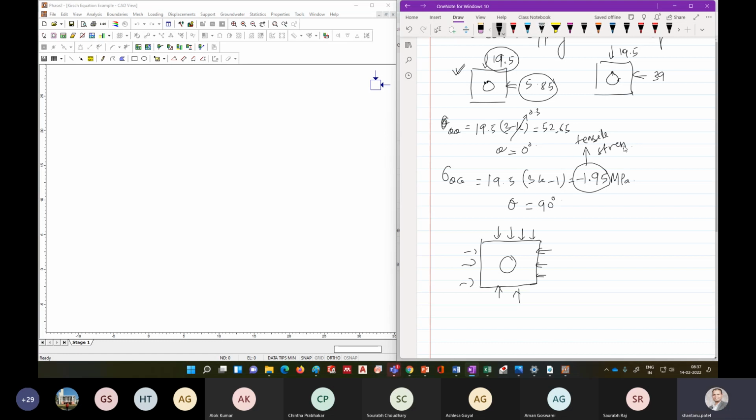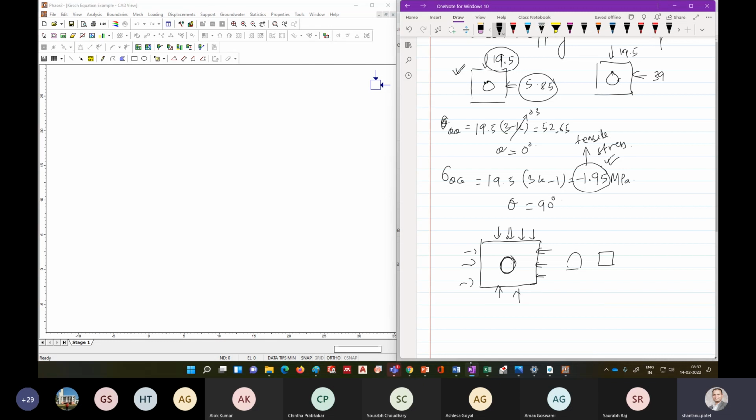Okay, so this is why, let's say if the shape is circular, then it is this. If it will be a different shape, it will be different. If it is rectangular, it will be different. So this change in stress that happens depends upon the in situ stress that is coming and the shape of this excavation.